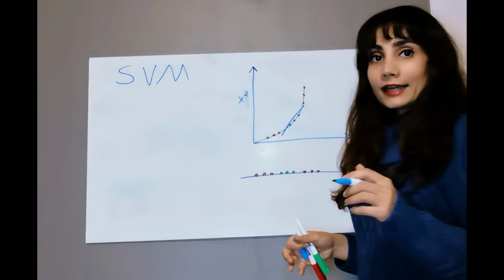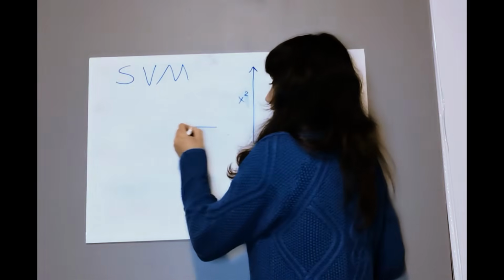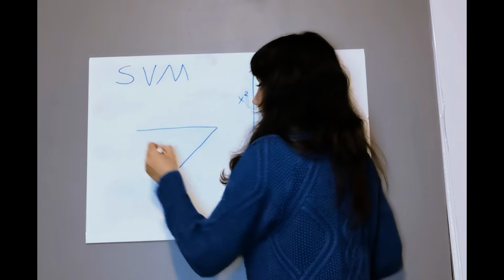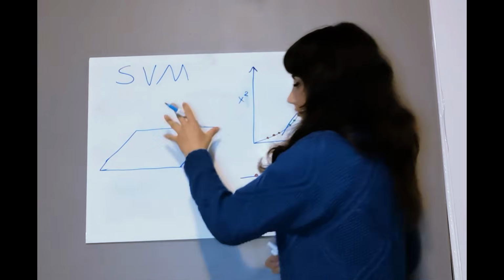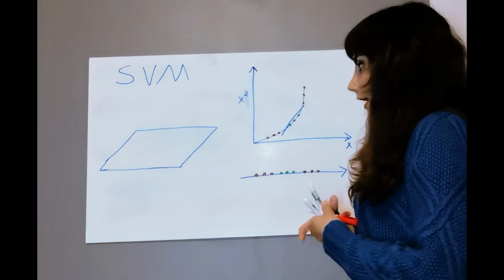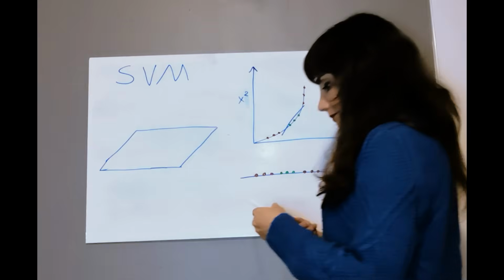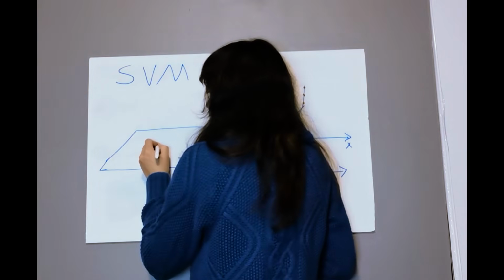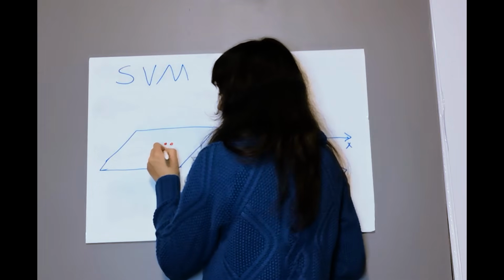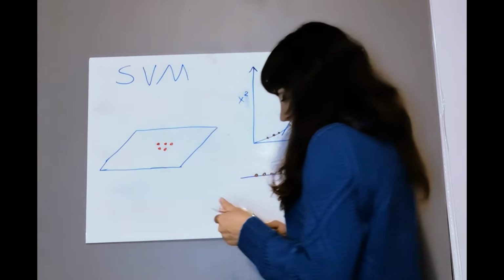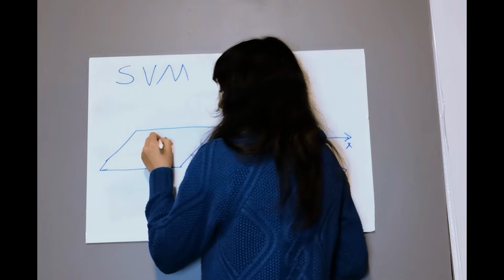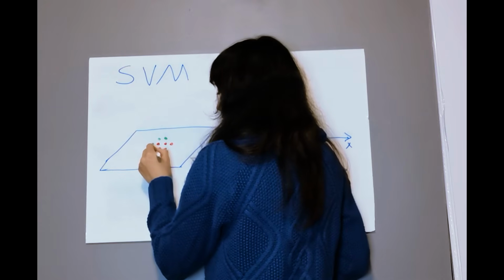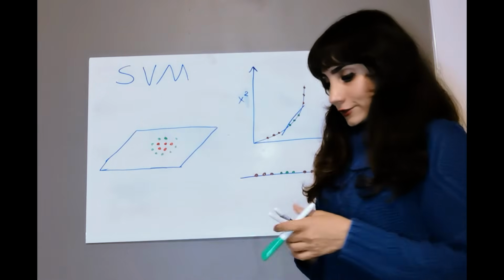So if I have a plane here like this, okay, imagine this is just a plane. I have these red dots in the middle, and then I have these green dots around them. And then I use kernel.